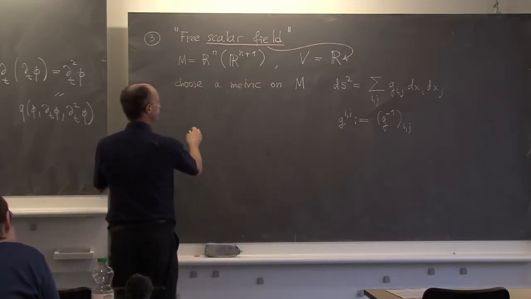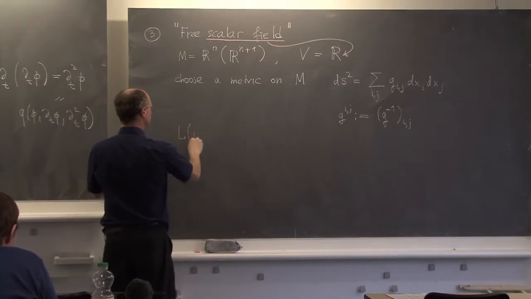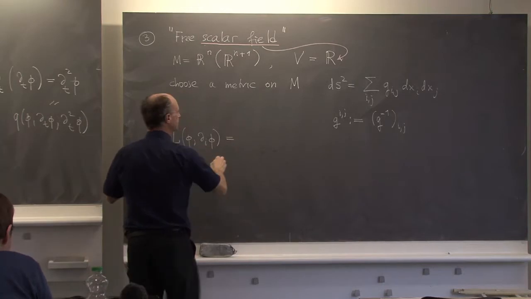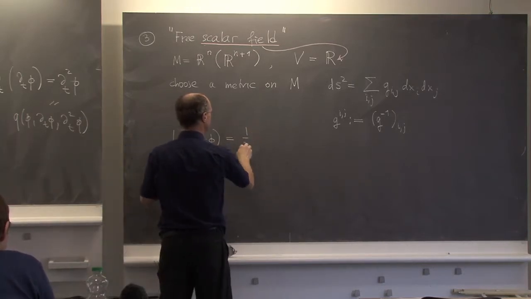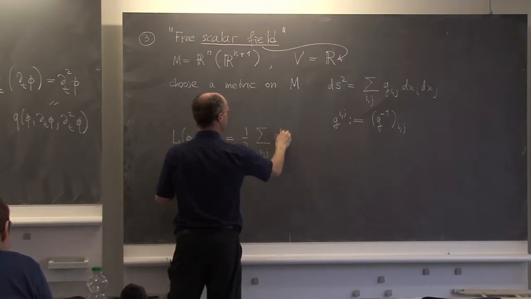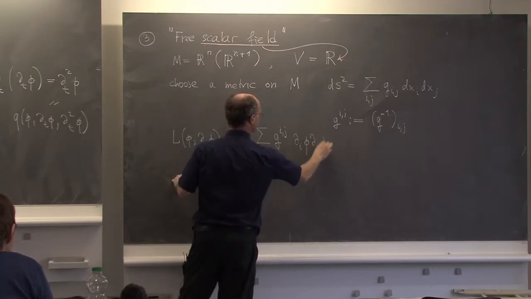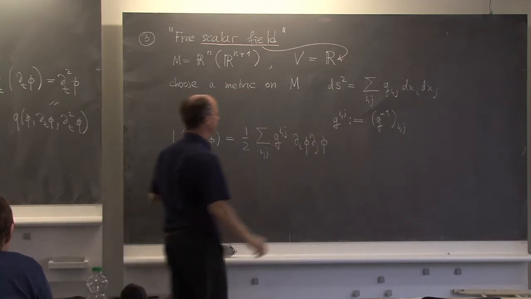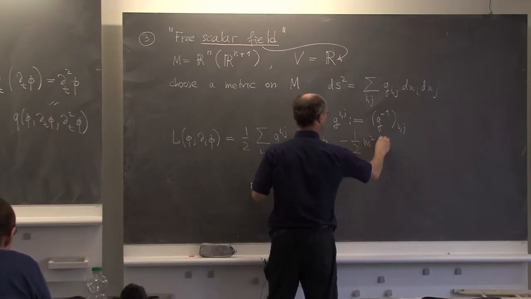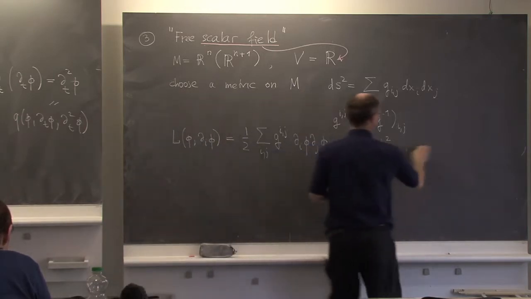And so let's define L of phi, di phi to be equal to 1/2 sum over ij, G^ij di phi dj phi, minus 1/2 m square phi square, where m is a real valued parameter.